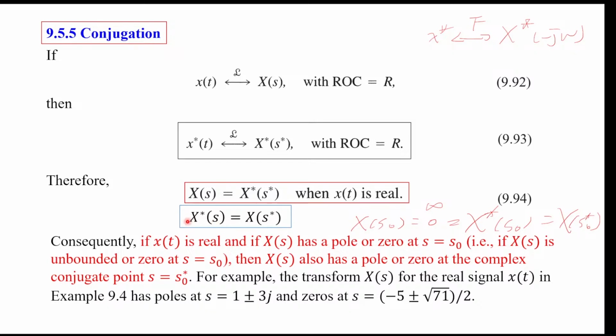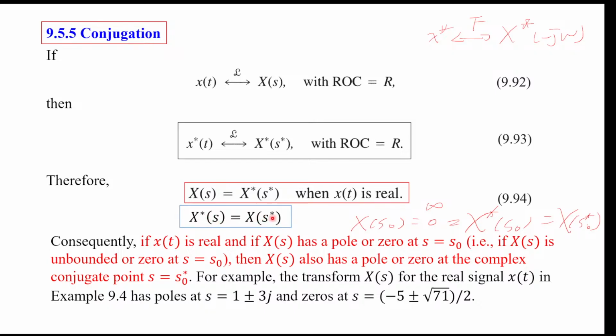And from here, we can derive a formula that's a little more handy: you move the complex conjugation sign from here to here, then you have X star of s equal to X of s star.